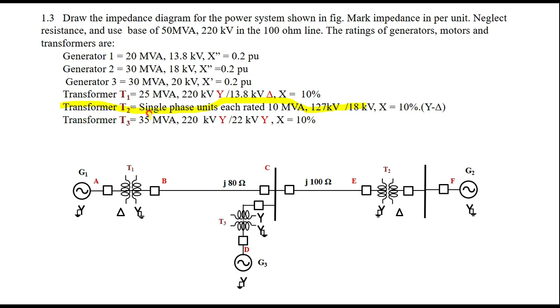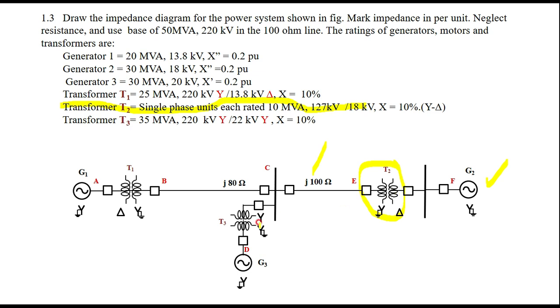This means T2 comprises 3 transformers connected in a particular fashion, either star-delta or delta-star, depending on the voltage level of the 100 ohm line and the generator side G2. That is, the single units are connected for T2 to operate in 3-phase mode. How to convert that rating?